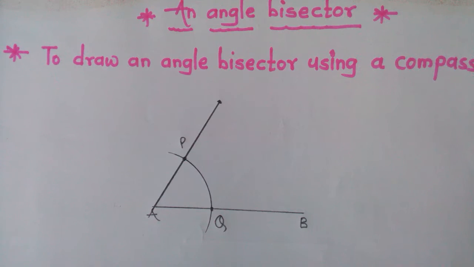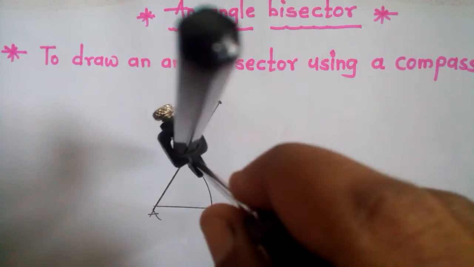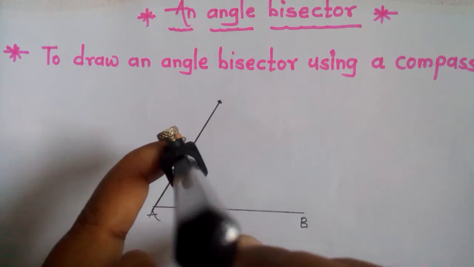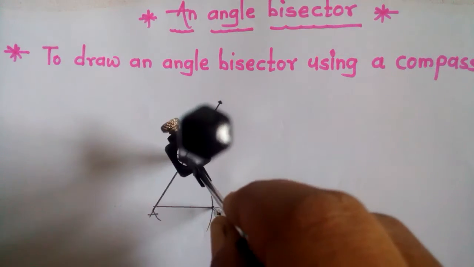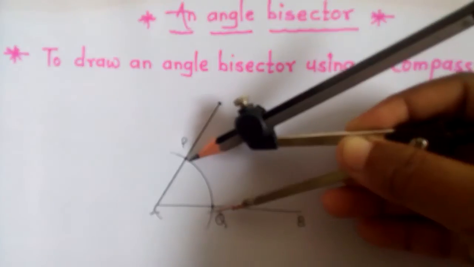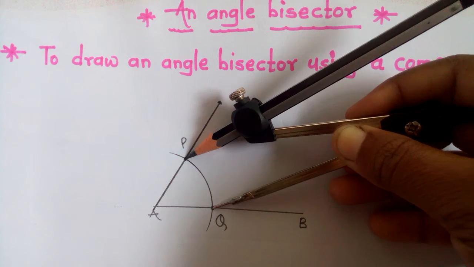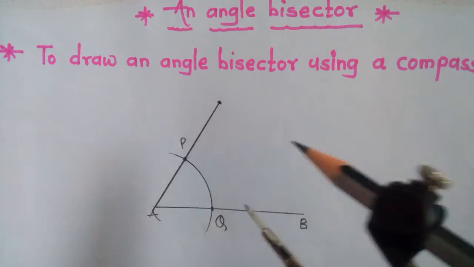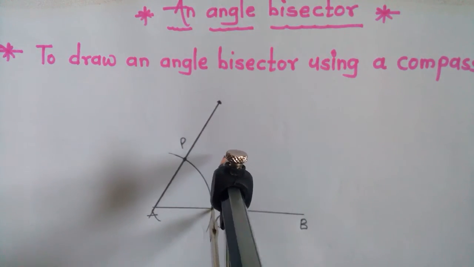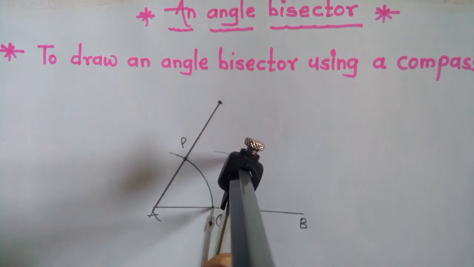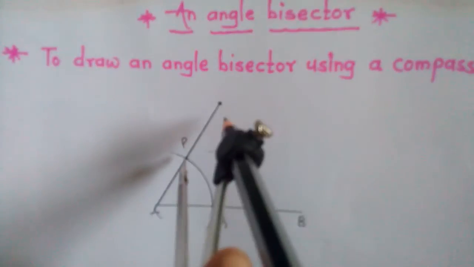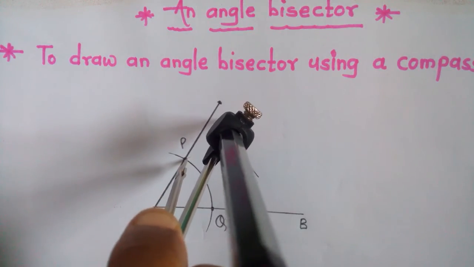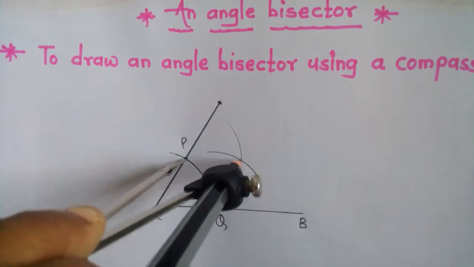Up to this, all of you understood? Okay, then we have to take in the compass the distance between P and Q. Then keep the point on Q, and here we draw the arc. Same here, keep the point here and draw the arc.